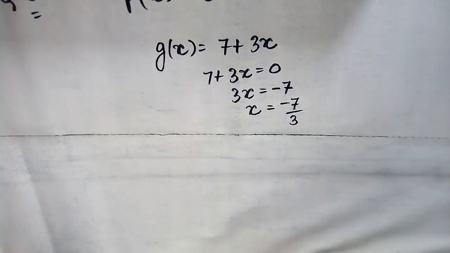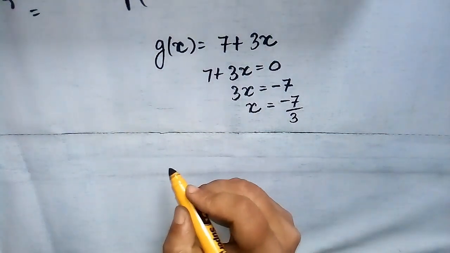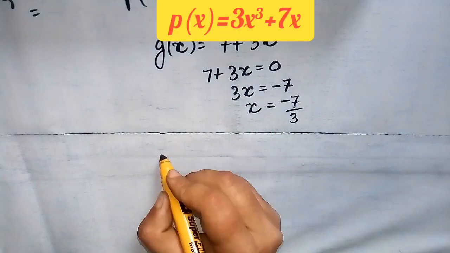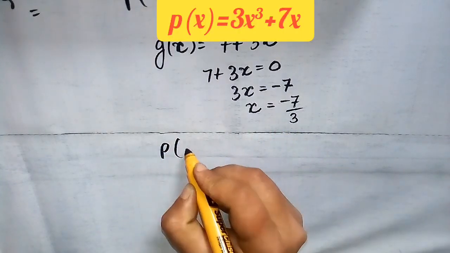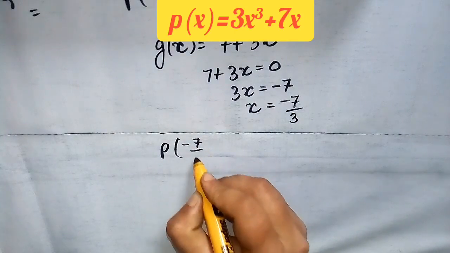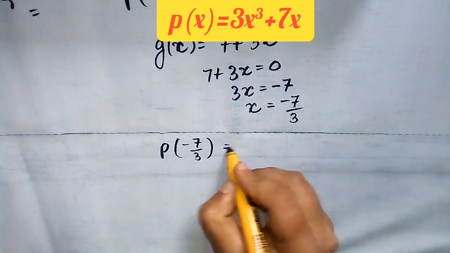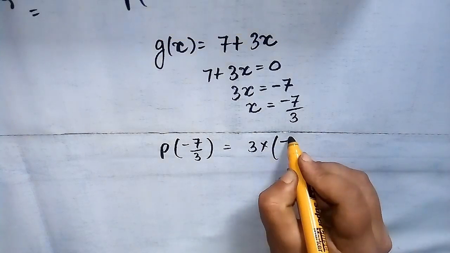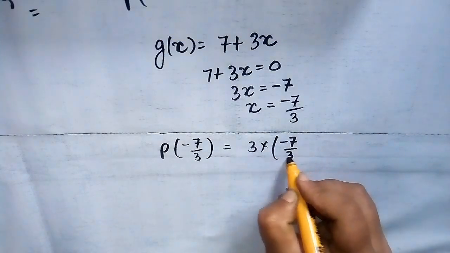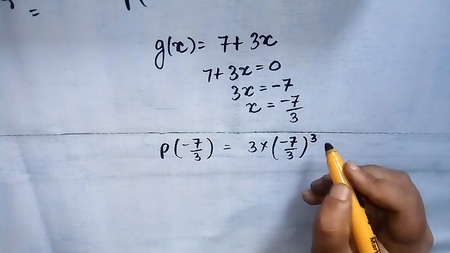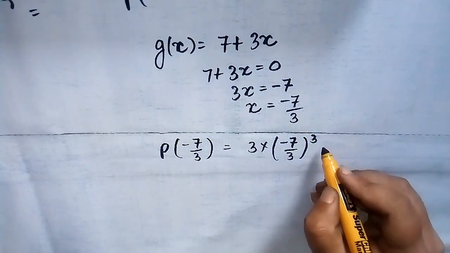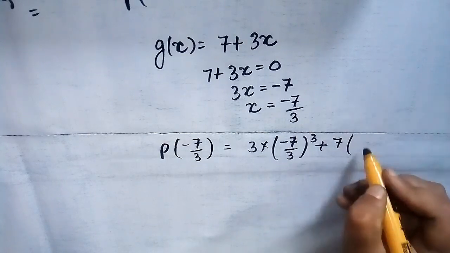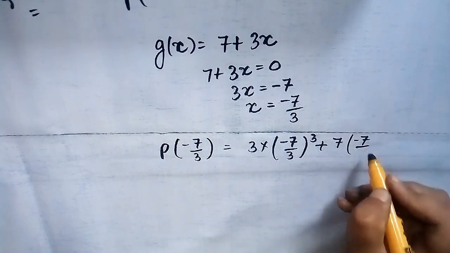Now replace the value of x in your polynomial p(x) equals 3x cube plus 7x. So p of minus 7 upon 3 will be 3 into minus 7 upon 3 whole cube plus 7 into minus 7 upon 3.